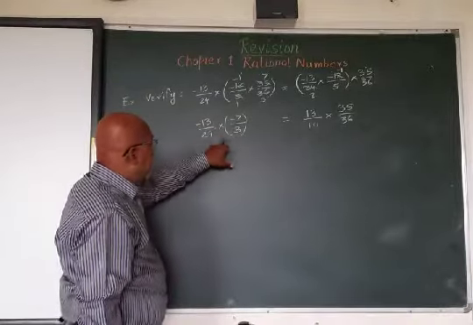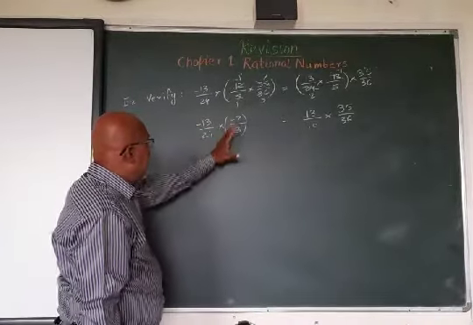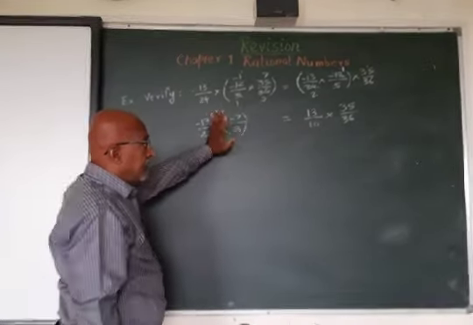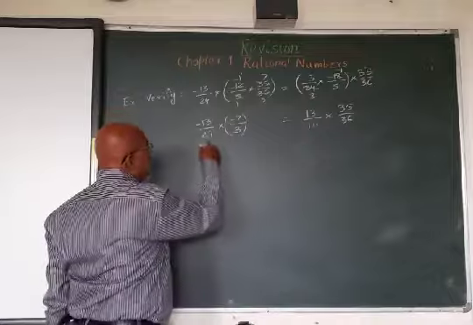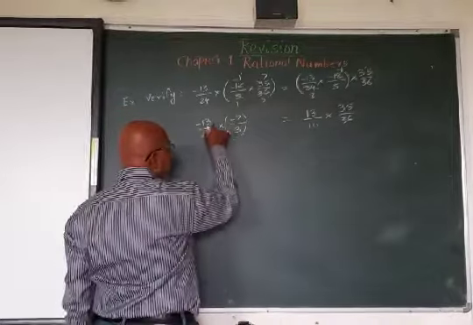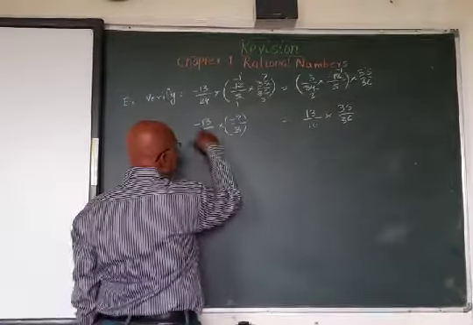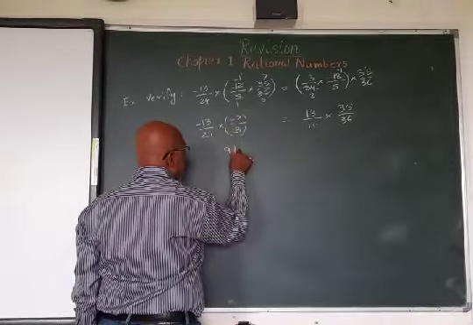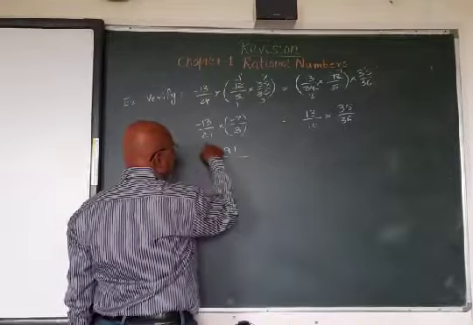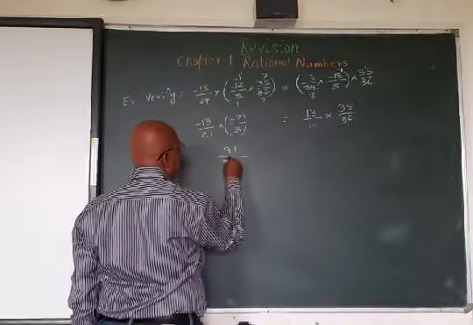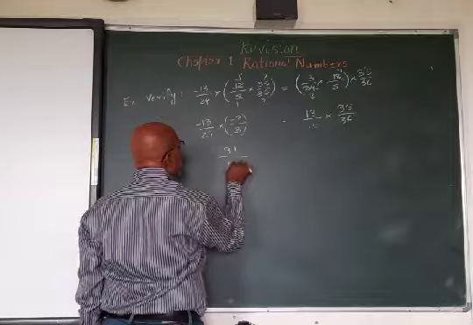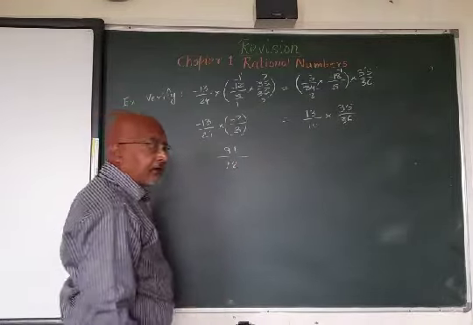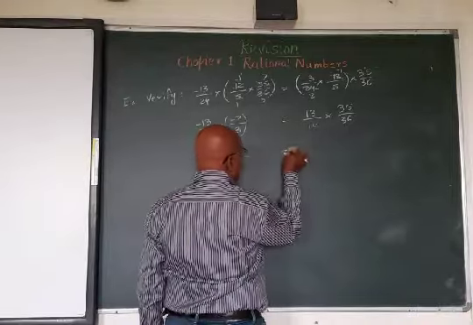Now here also, can you cancel anything? No. We cannot cancel anything here, so directly we have to multiply. 13 7s are, now minus minus becomes plus, 91 upon 24 into 3. 24 3s is 72. So we got the answer 91 upon 72.